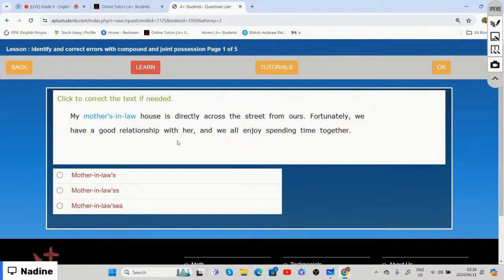Okay. So now we need to click the correct text if needed. It says, my mother's in law house is directly across the street from ours. Fortunately, we have a good relationship with her and we all enjoy spending time together. So do we need to correct the compound noun of mothers in law?